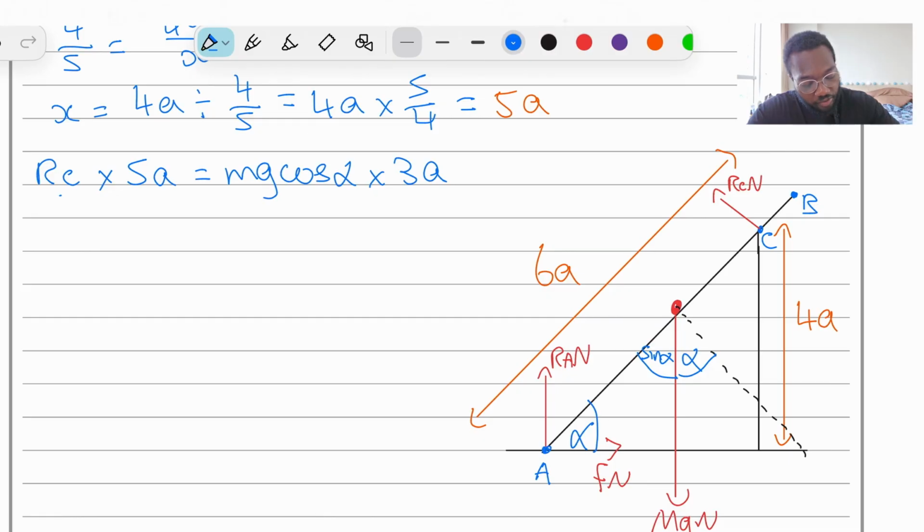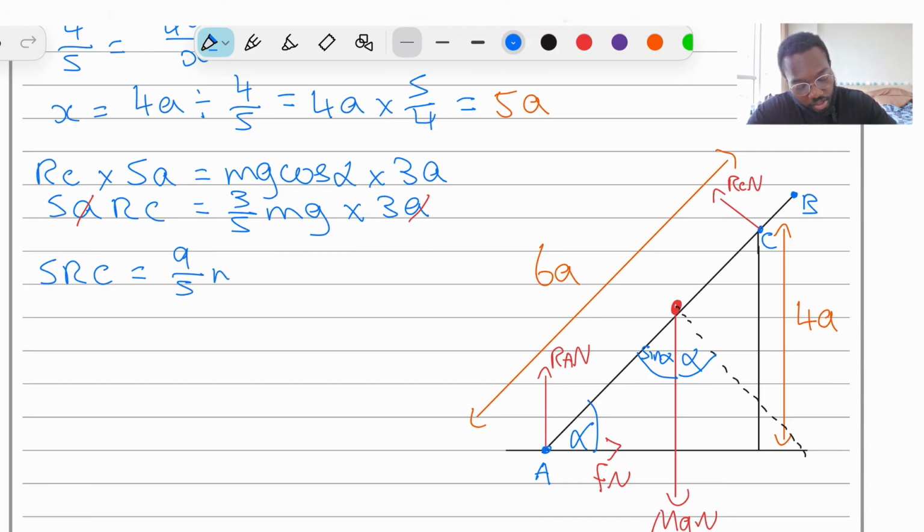So we have 5a RC. We know that cosine alpha, as we worked out in the previous part, was 3 over 5 mg times 3a. We can cancel out the a's. So we're left with 5 RC is equal to 3 over 5 mg times 3, that is 9 over 5 mg.